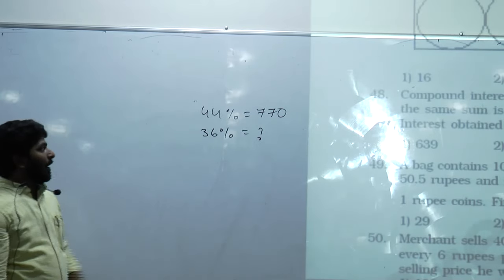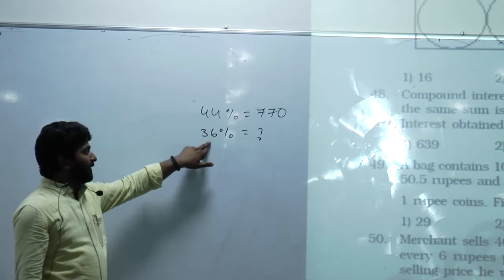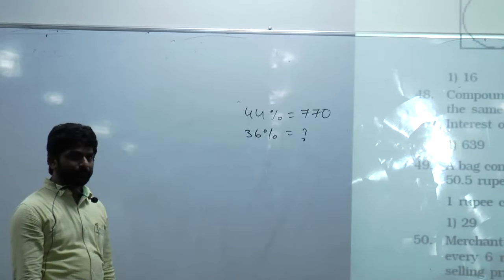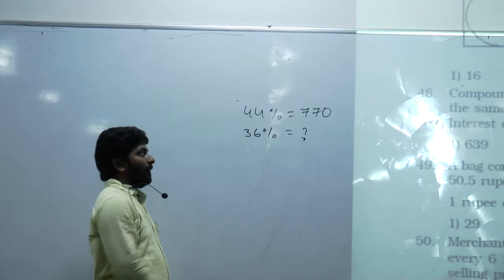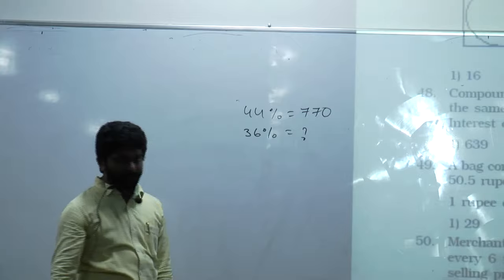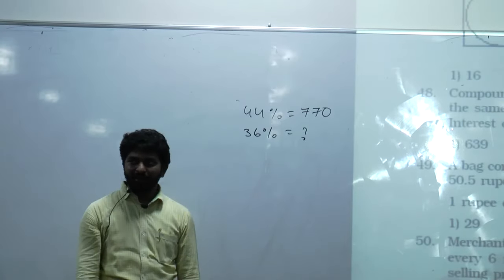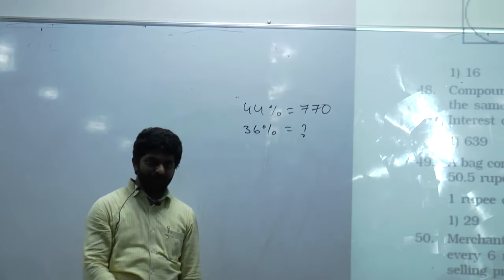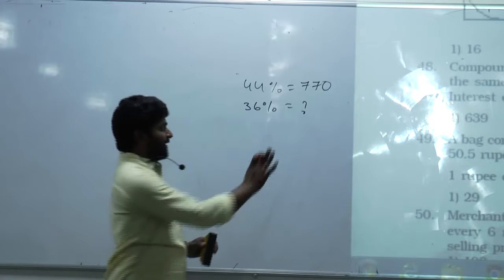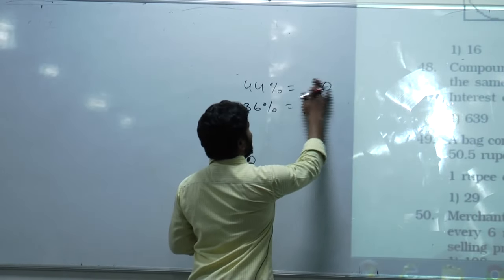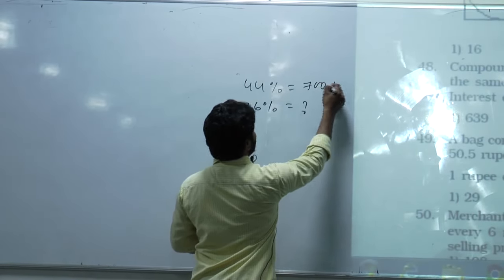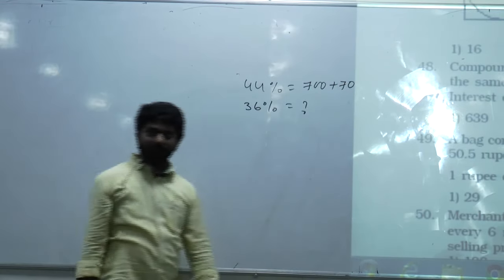Now, how will you get 36%? You need to calculate 100% and again you need to calculate 36%, which is not required. Just observe these numbers. Can I write this number as 700 plus 70? Yes sir.